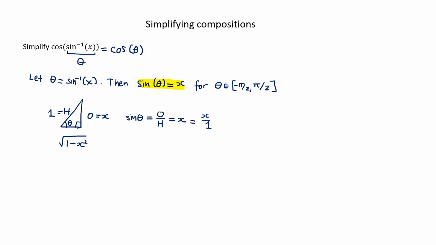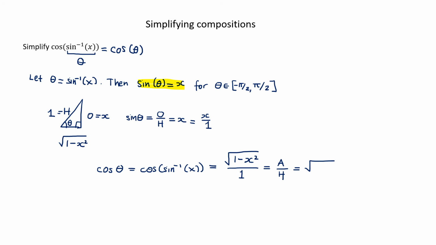Then cosine of theta, which remember is cosine of the inverse sine of x, is going to be equal to the adjacent side, square root of 1 minus x squared, over our hypotenuse, which is 1. So this simplifies down to the square root of 1 minus x squared.